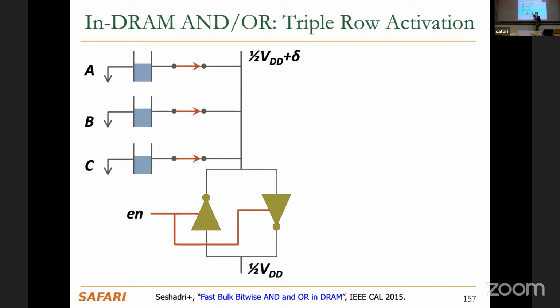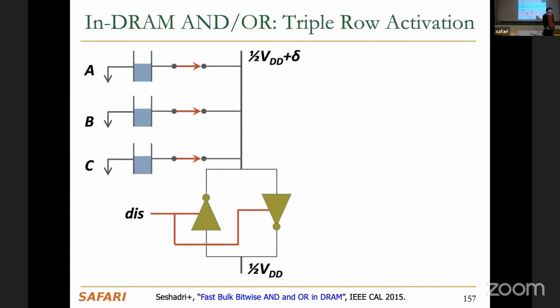So the sense amplifier amplifies the perturbation in the bit line, and this is the value that you read from the DRAM cell. But if you have 3 at the same time, the sense amplifier is going to amplify the perturbation here. But this perturbation is what? It's caused by the 3 cells at the same time. If you remember, 2 of the cells were charged, 1 of the cells was discharged. What happens here? What do you think happens?